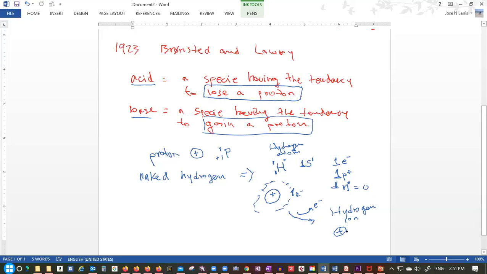The symbol for that will be H plus, meaning it loses the electron there. What is left? Only one proton in the nucleus.